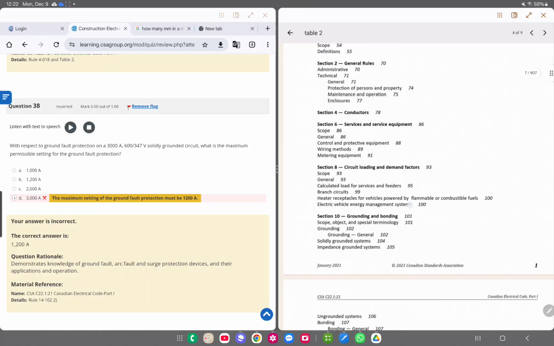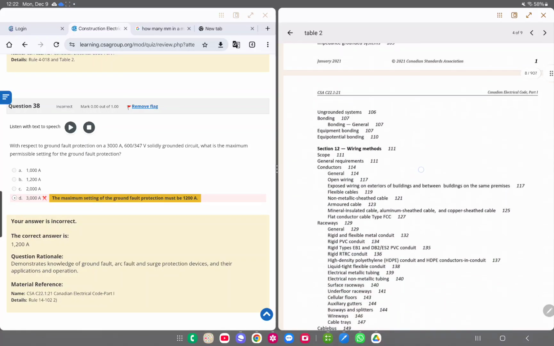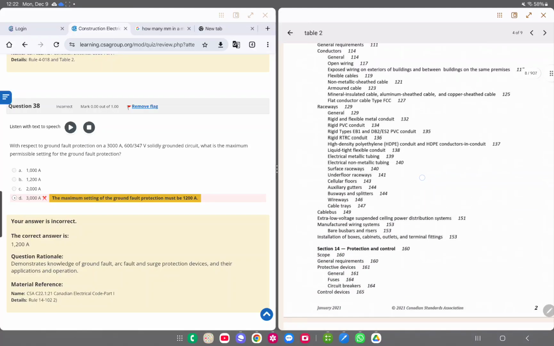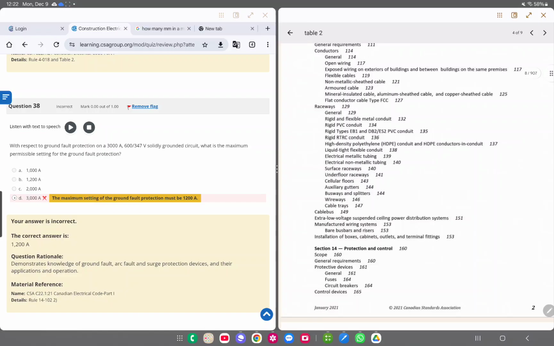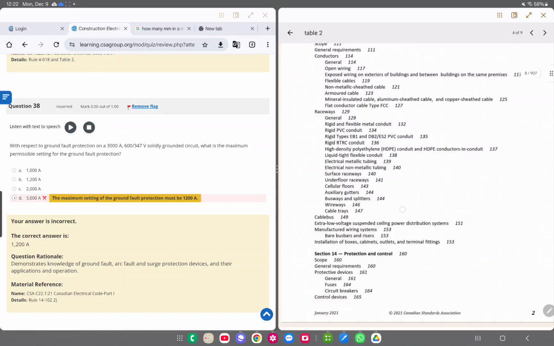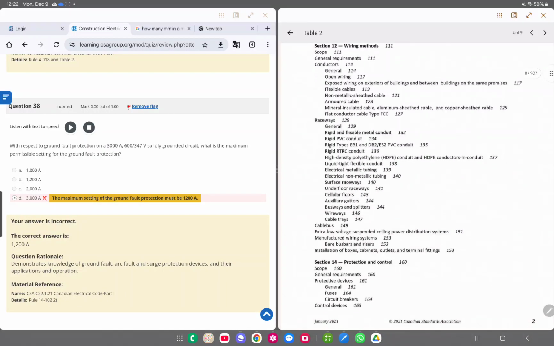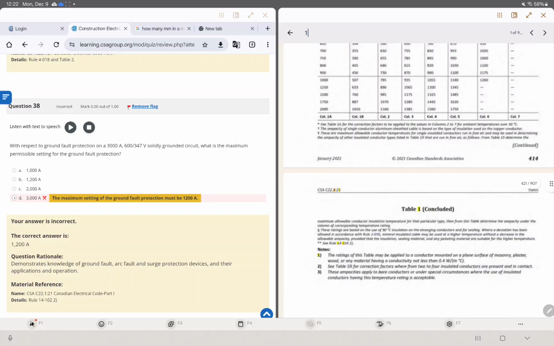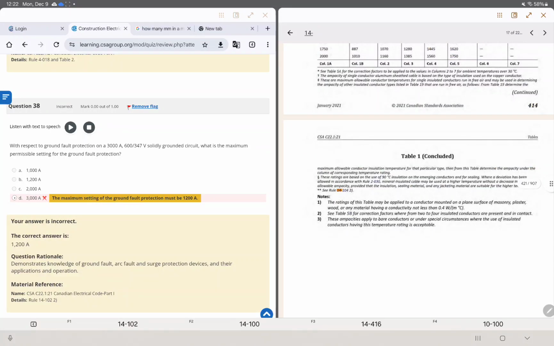Grounding is in 10. Let's see what 12 and 14 have to offer. Control devices, protective devices, 161. I would say 14. I would check 14. So 14-102.